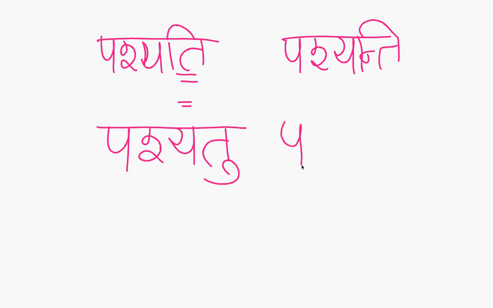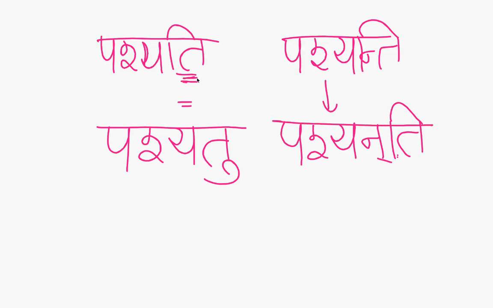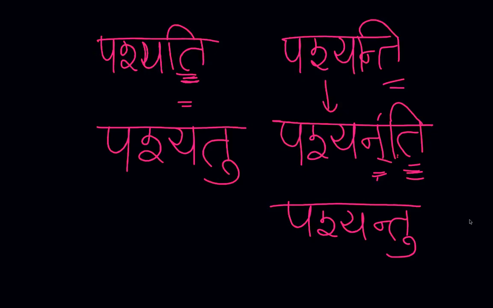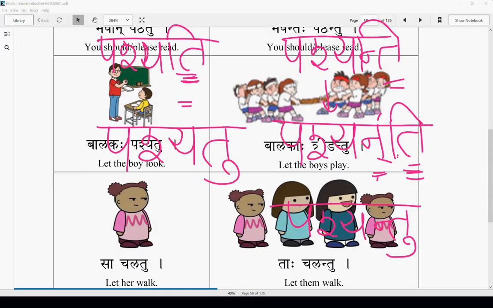And here Pashyanti, at the end there is na and ti, right? Just like ti in the Ekavachanam, in Bahuvachanam also there is a ti at the end. But before that there is a nakara. So this we are not replacing in lot lakara, we are just replacing the last ti. So Pashyantu. That is the change which is done here.